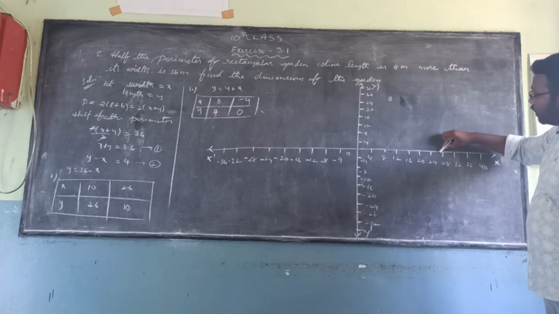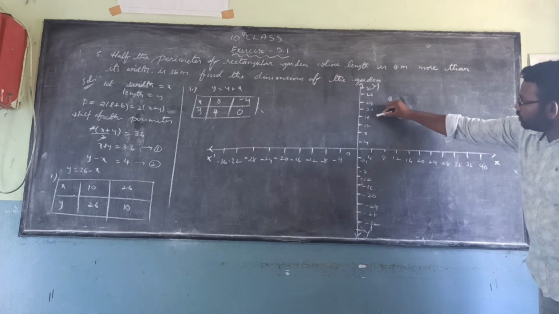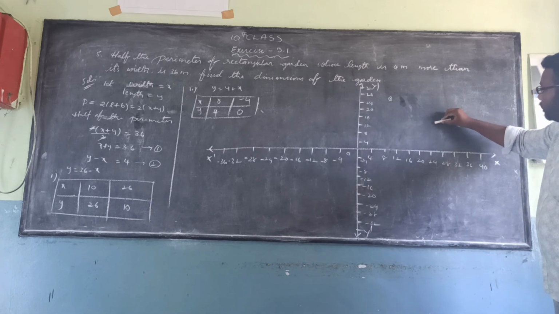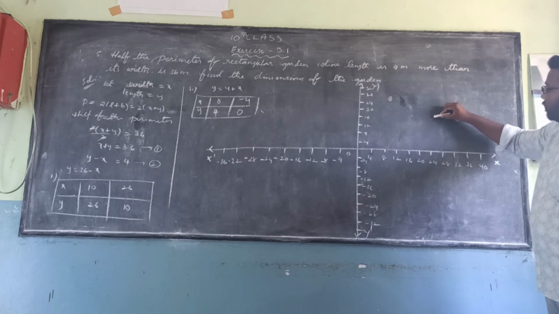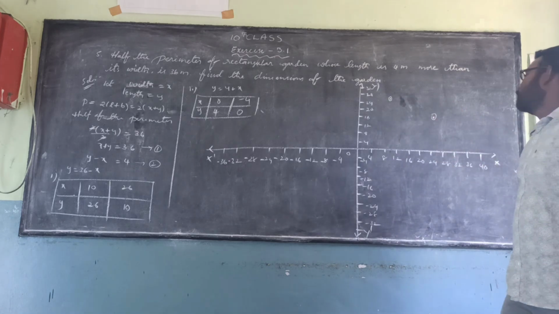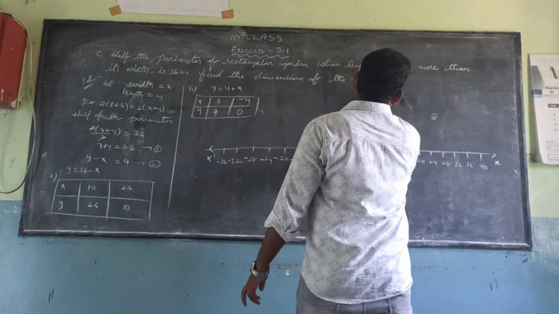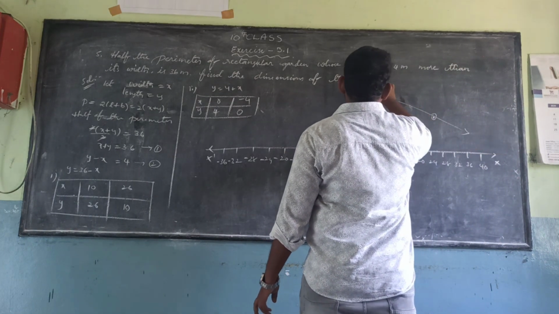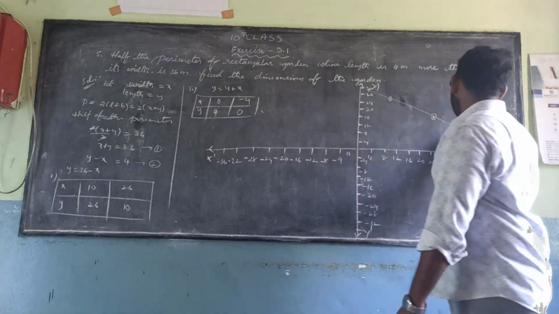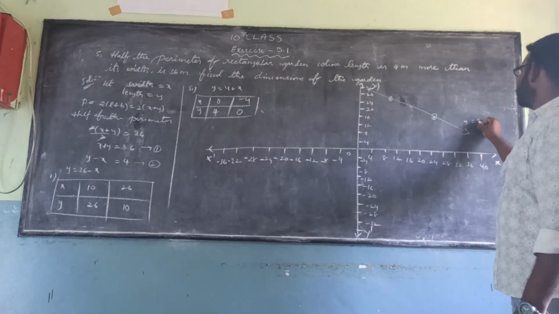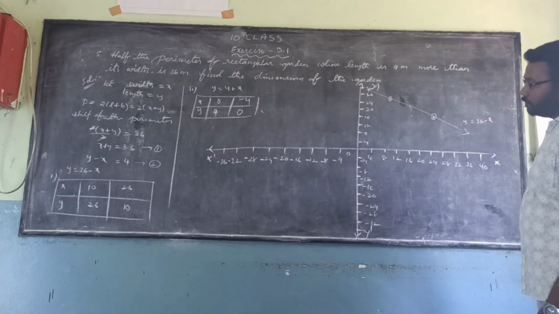So here 10. That's it, a triangle. This is y is equal to 36 minus x.